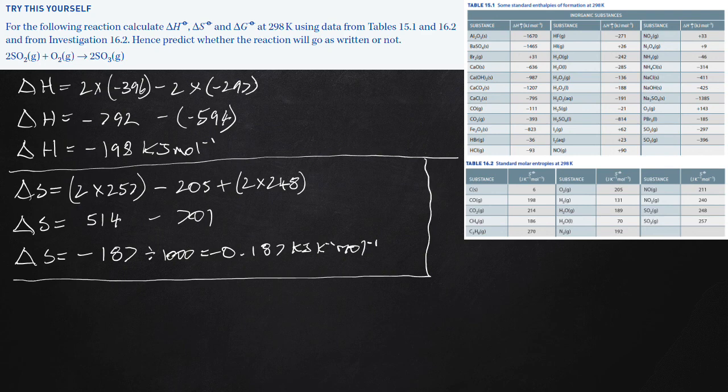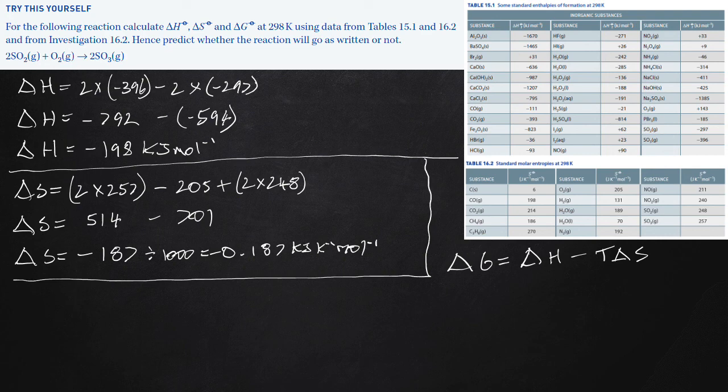All right, so let's use our delta G. So I'll just write it over here. Our delta G, our change in Gibbs free energy, is going to be our delta H minus the temperature multiplied by our change in entropy. So I might just start over here.